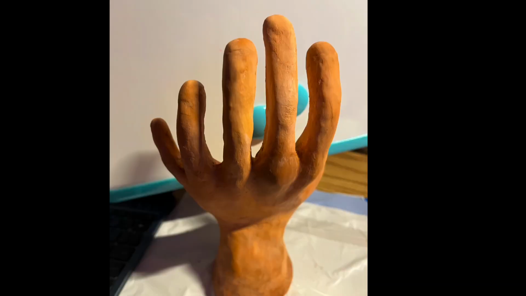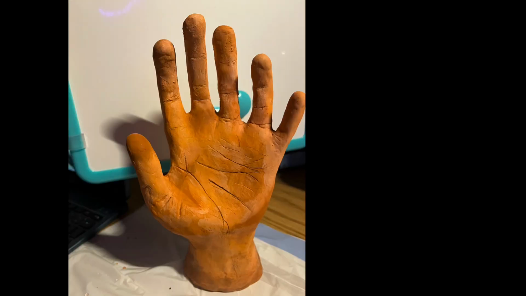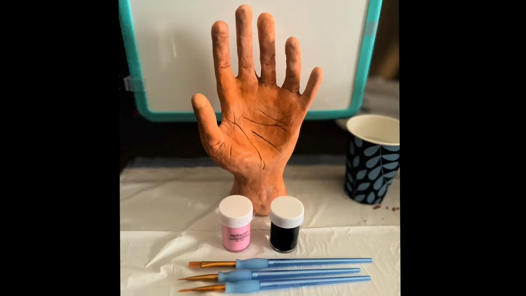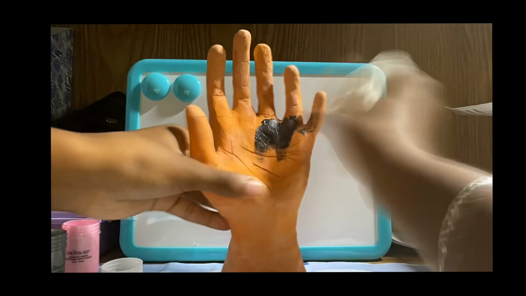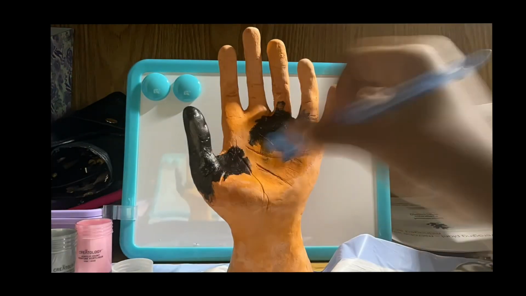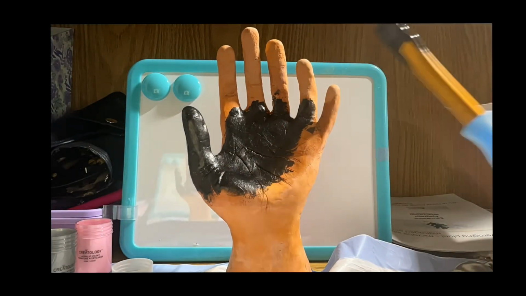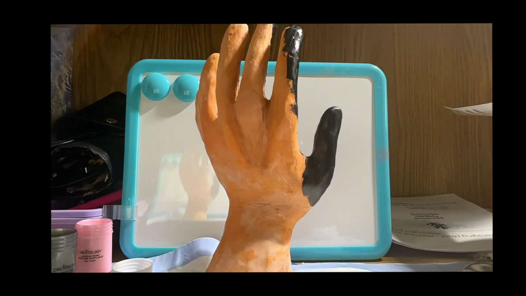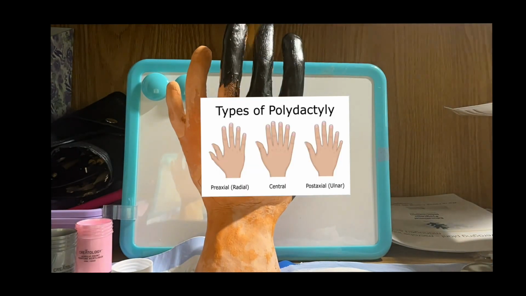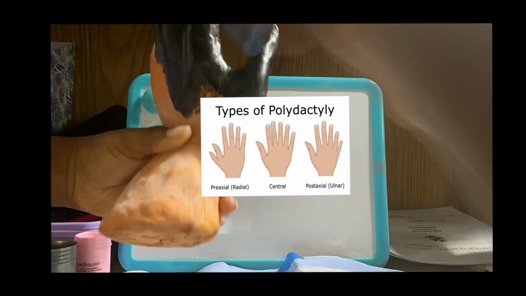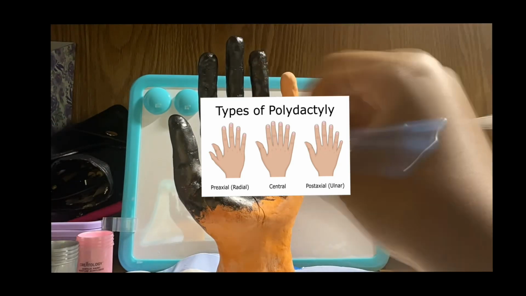Earlier, I mentioned that my hand model is only one of 3 types of polydactyly. So, now I'll be showing you how unique polydactyly can really get. Here are 3 types of polydactyly: preaxial, central, postaxial.